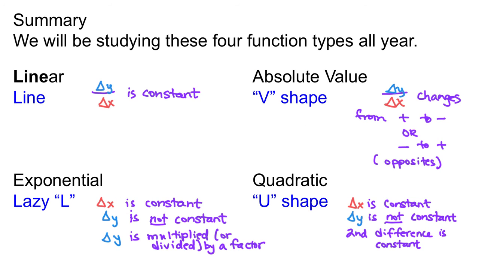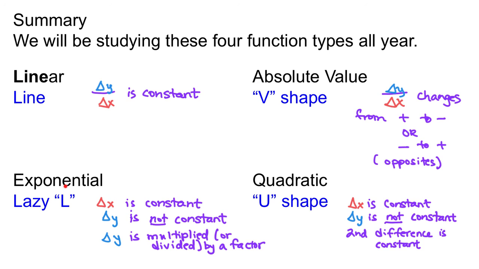So this summary page is not in your notes. You're welcome to take notes for yourself if you think this would be helpful, or just listen and get an overview. But a linear function means the change in y over the change in x is always going to be constant. Absolute value, our v shape, means the change in y over change in x changes from positive to negative or negative positive, that you're going to see opposites.